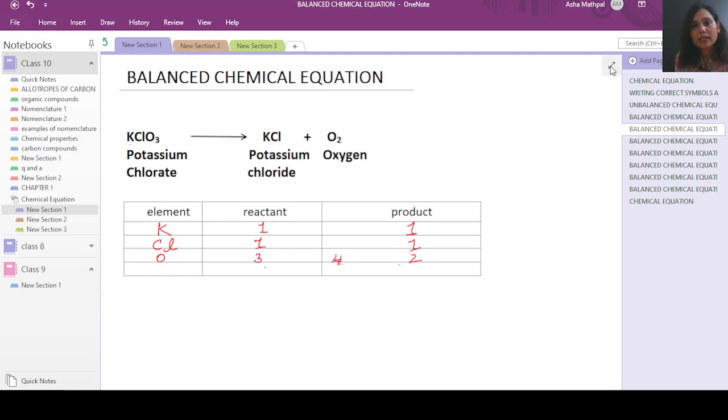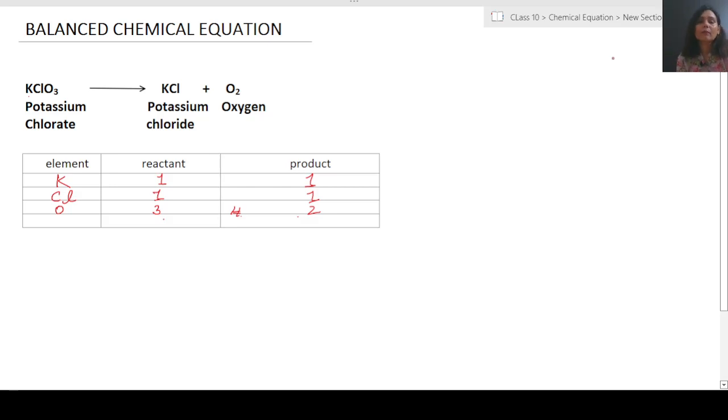So we will try to make it equal. That is called balancing of a chemical equation. For balancing a chemical equation we always take the multiples of 2, 3, which are very common. Multiples of 2 or 3. And you will have to keep in mind that you can write a number, 2, 3, 4, 5, only in front of the symbol.